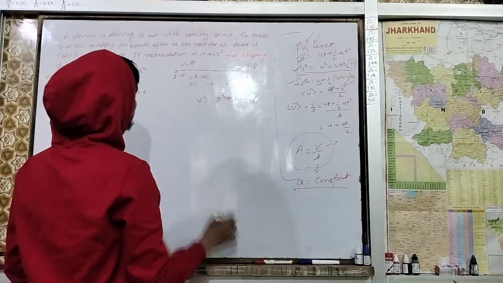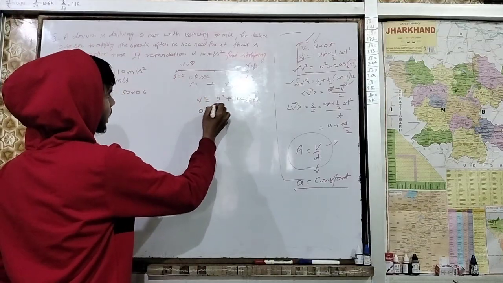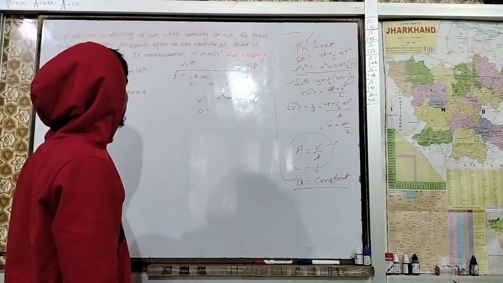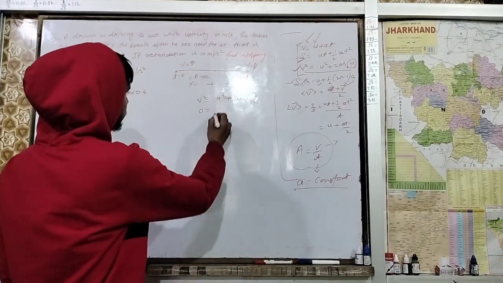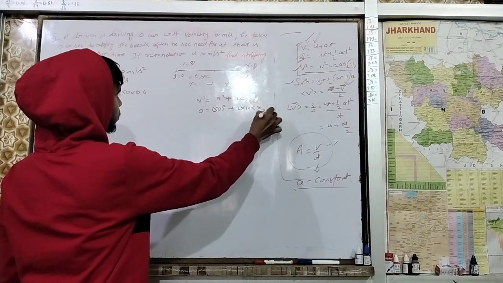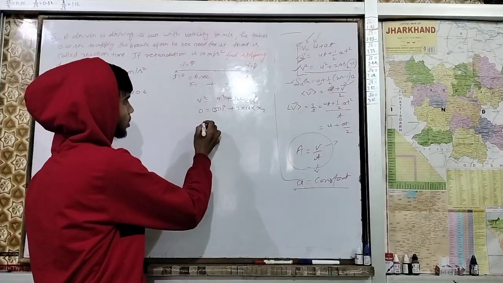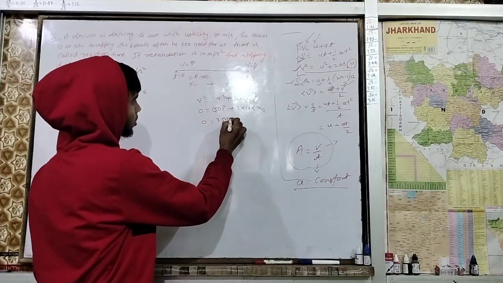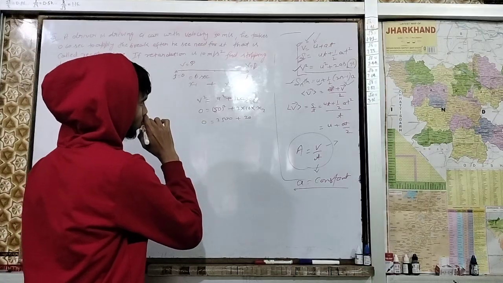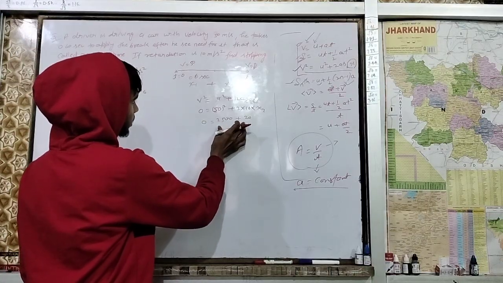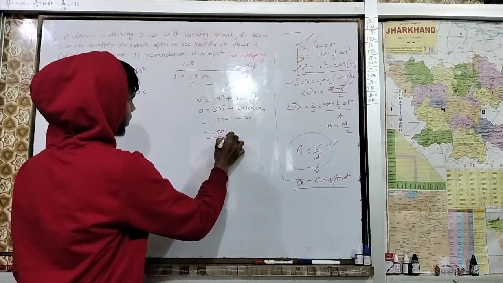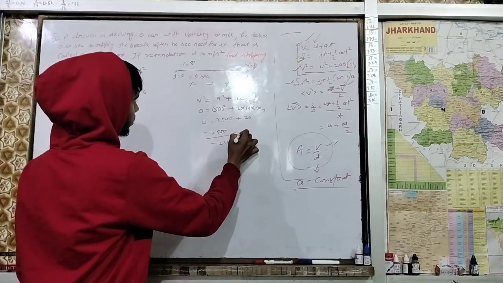Here v is 0 and u is 50, acceleration is minus 10, and x2 is to be found. So 0 minus 2500 upon minus 20 is equal to x2.